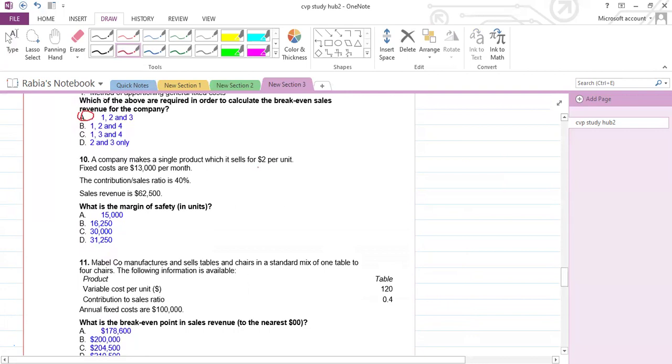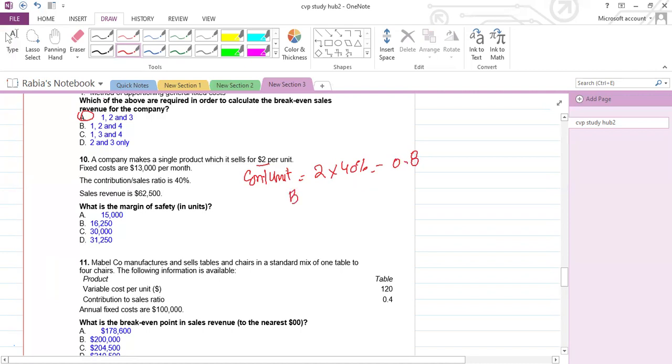First of all, calculate your contribution per unit. Contribution per unit is equal to selling price into 40%. You will get your contribution per unit. That is 0.8.